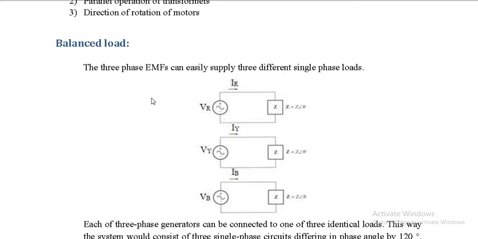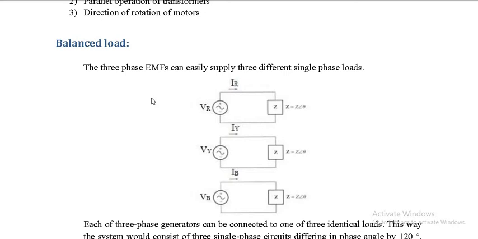Just to give you an example, you have society transformers outside your society. From there, if there are three buildings in your premises, you take one three phase supply from the transformer.